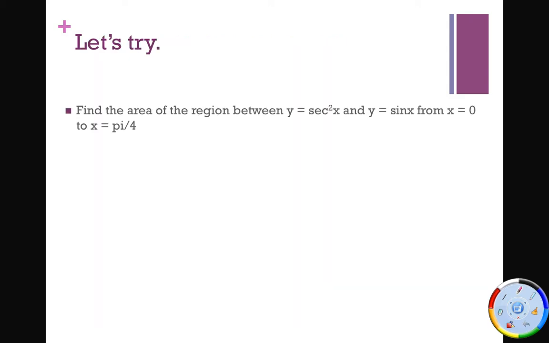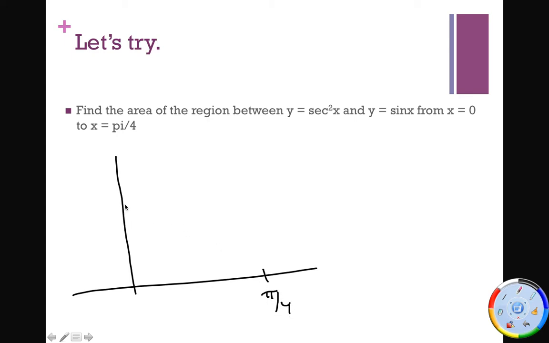So let's go ahead and try one. I want to find the area of the region between the functions secant squared x and sine of x, between the x values from 0 to pi fourths. Thinking about this graphically, you can actually graph this on a calculator if you wanted to. From 0 to pi fourths, secant squared looks a little bit like this, something like that.